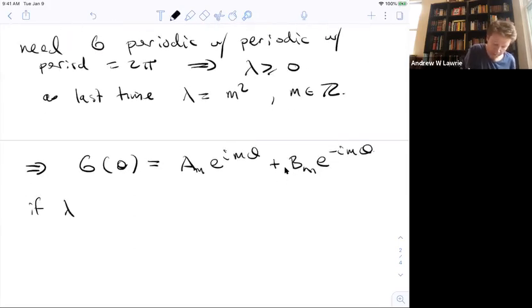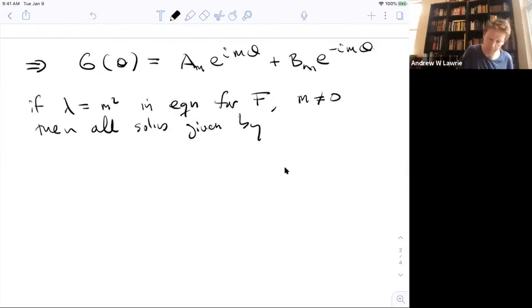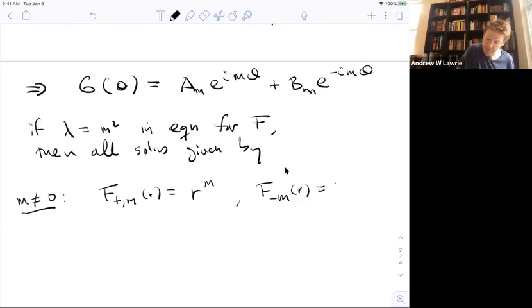So if lambda is equal to m squared in the equation for f, then all solutions are given by, on the one hand, if m is not equal to 0, then f plus m of r is r to the m, and f minus m of r is r to the minus m.